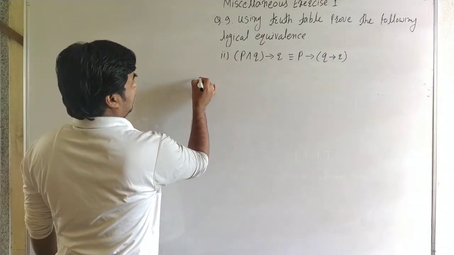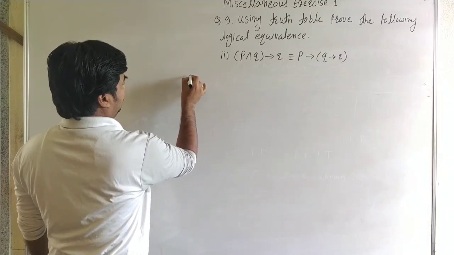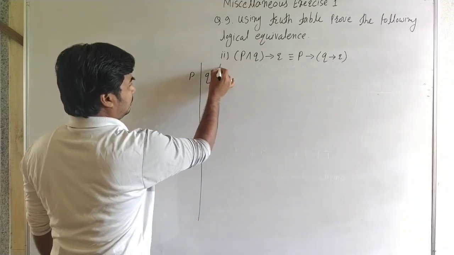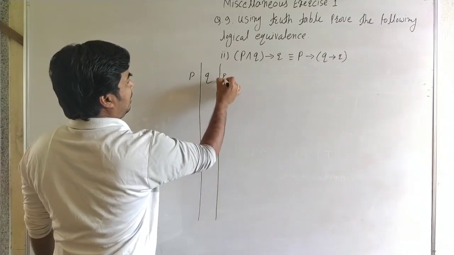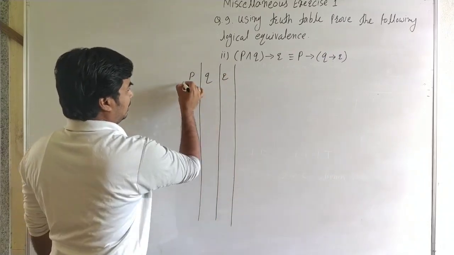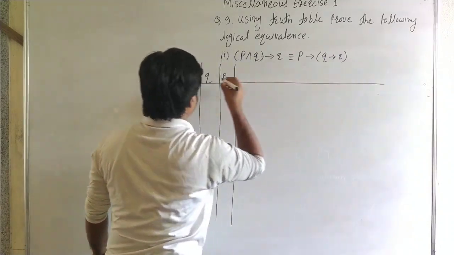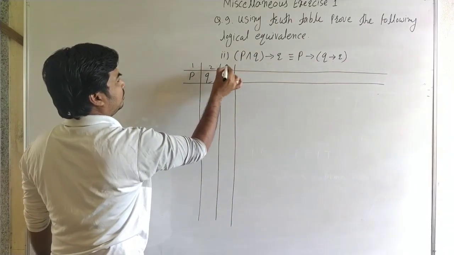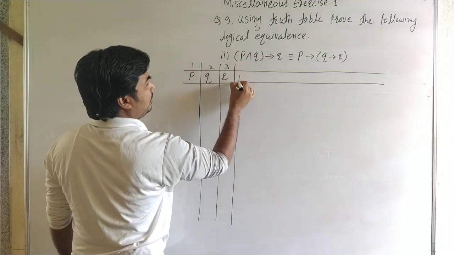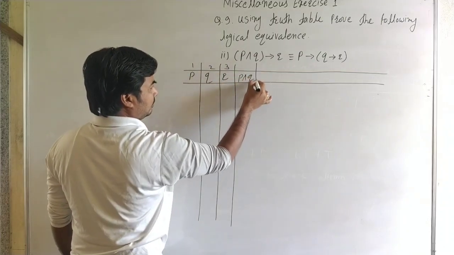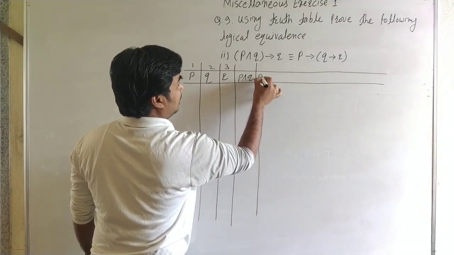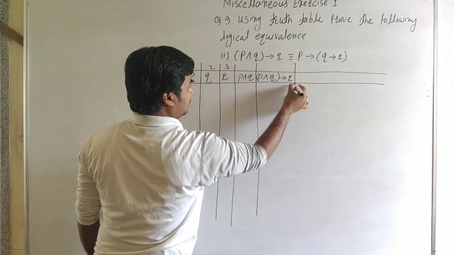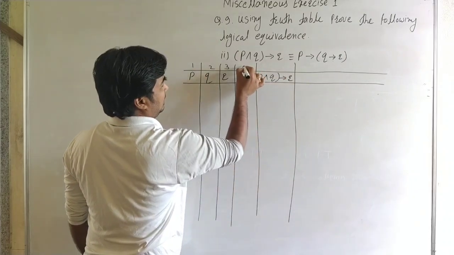Here it is P, then Q, then R. Now for the first row, the column numbers: here 1, 2, and 3. Now first P and Q, then P and Q implies R. First we find the LHS.